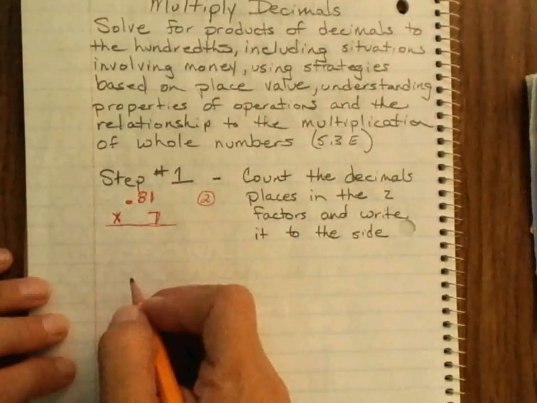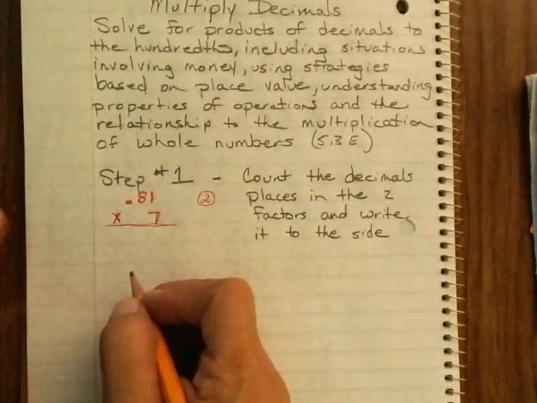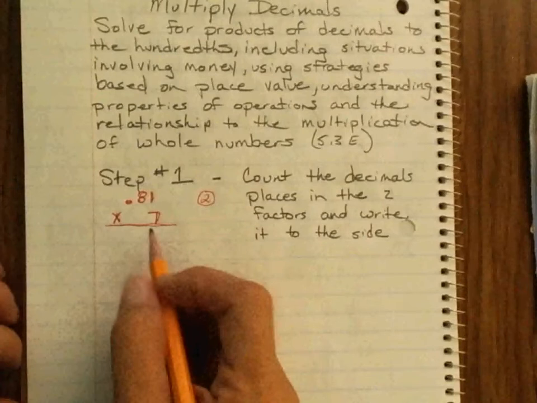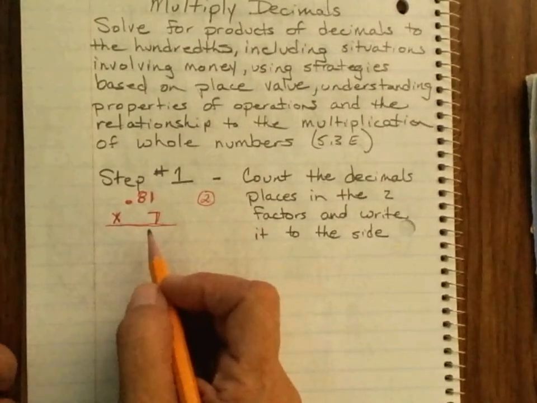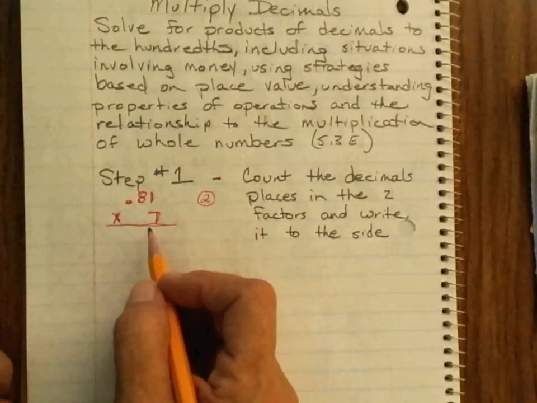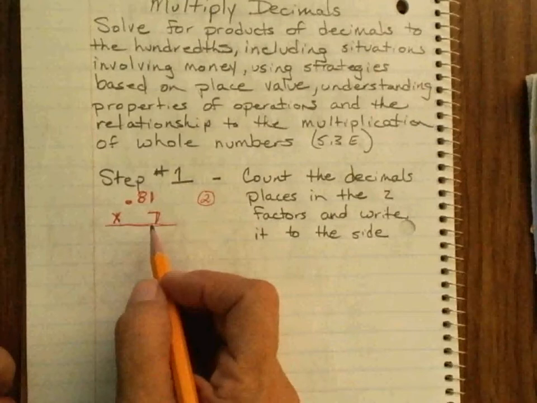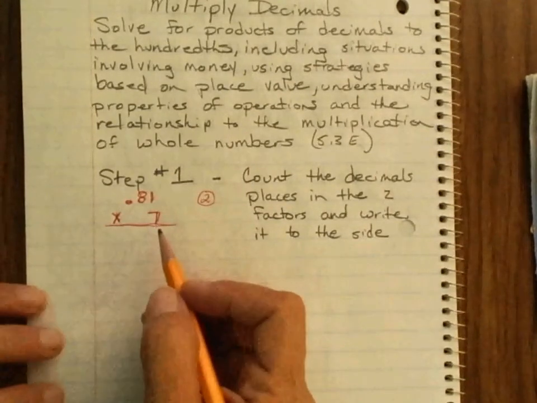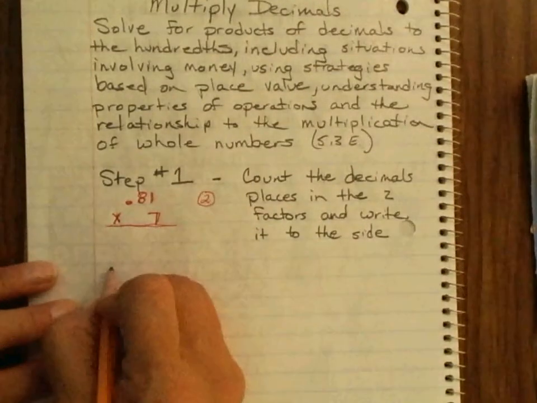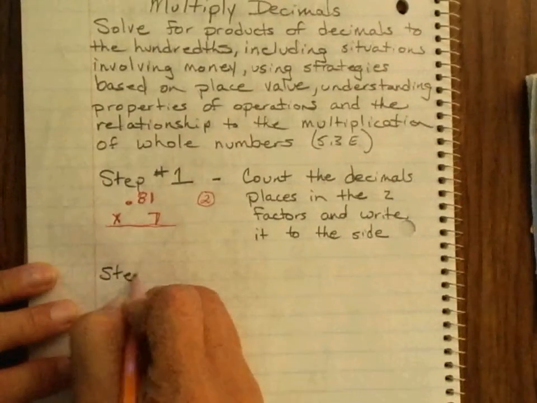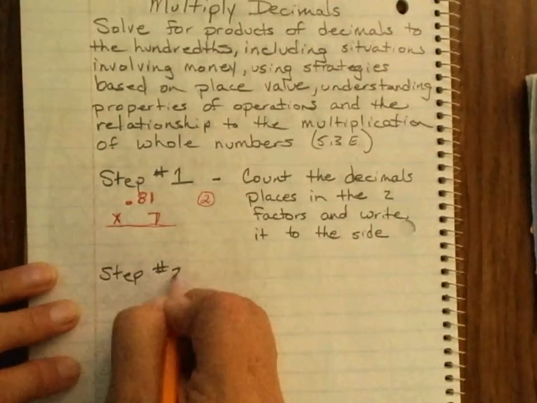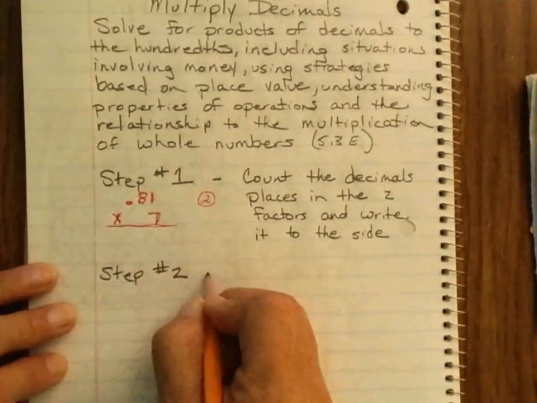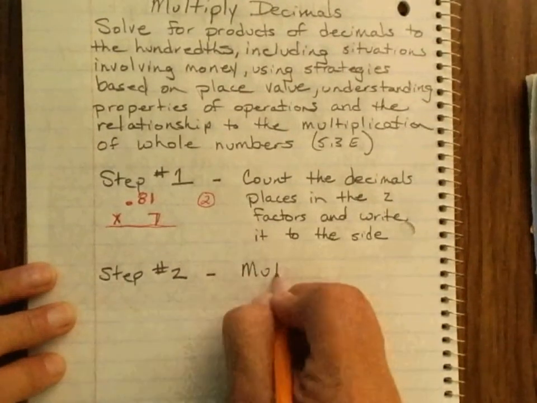Now I want to think about something real quick before we move on. I want you to think, is our answer going to be more or less than 7? Think on that one for a minute. Okay. Step number 2, multiply normally.